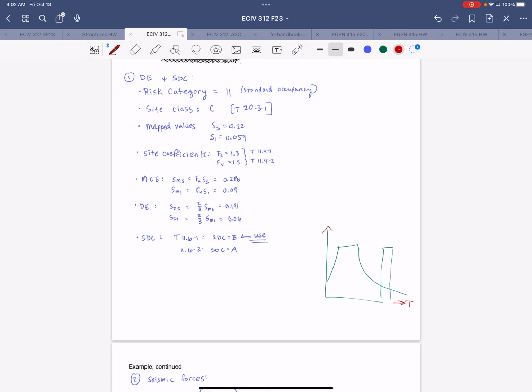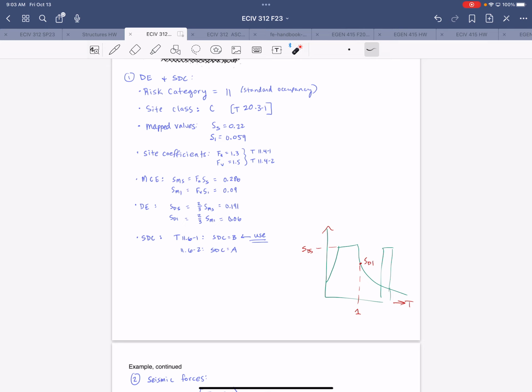So for the design earthquake, it would be like your response parameters. You've got the SDS and the SD1 value showing up here. So the entire spectra here represents the design earthquake response.